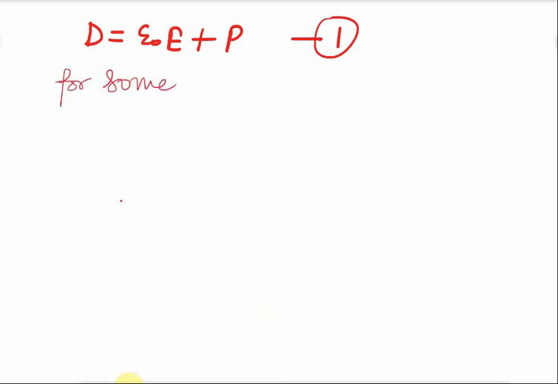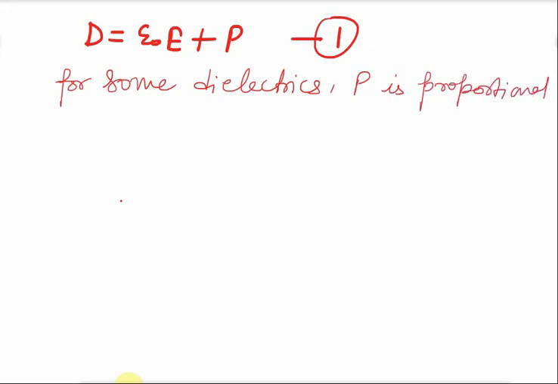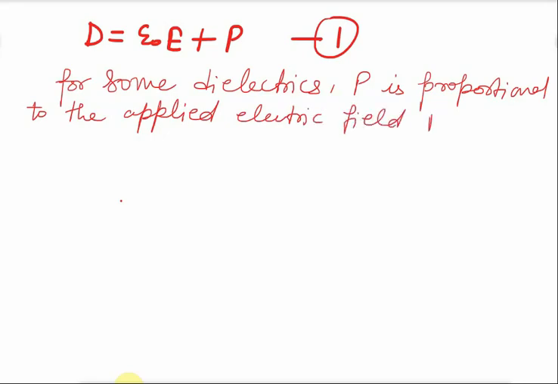For some dielectrics, the P is proportional to the applied electric field E. So P is proportional to the applied electric field E, and hence we can write P equals chi E epsilon 0 E. Put it as equation 2.